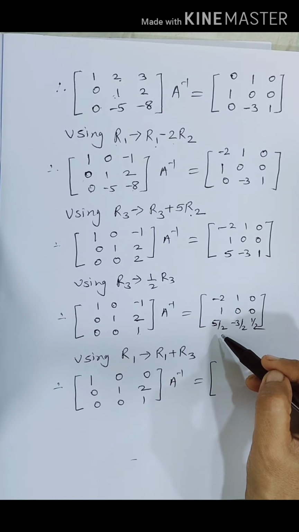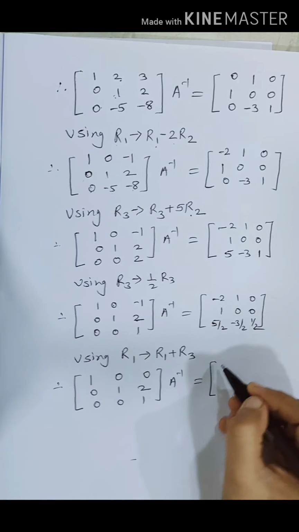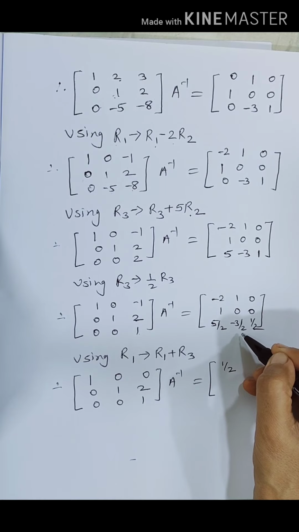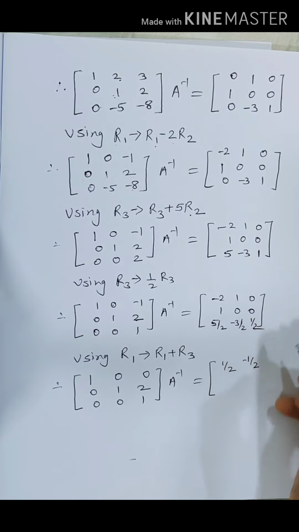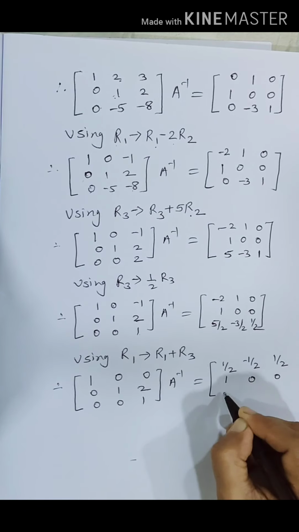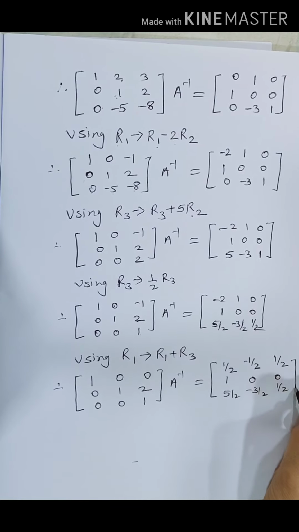So minus 2 plus 5 by 2, that means we get 1 by 2. Then 1 minus 3 by 2, so that is minus 1 by 2, and 0 plus half is half. Remaining rows as it is.